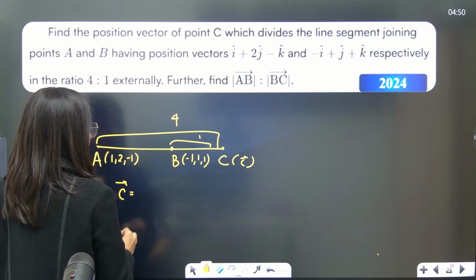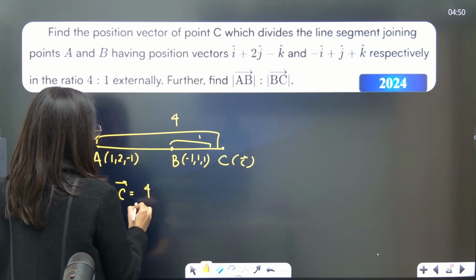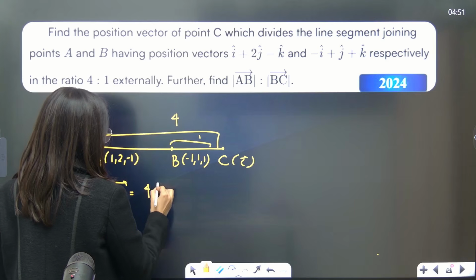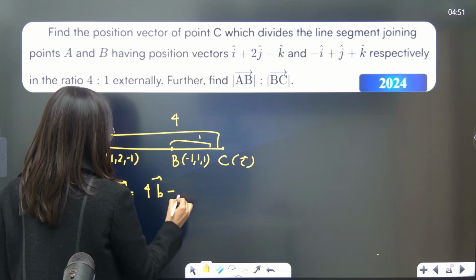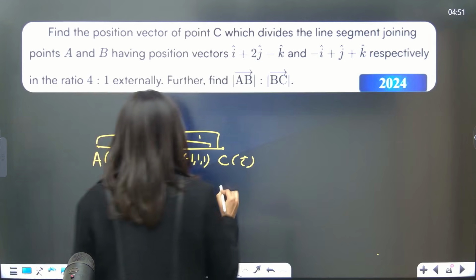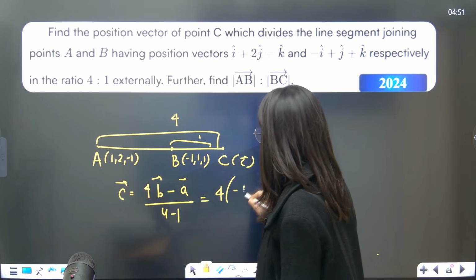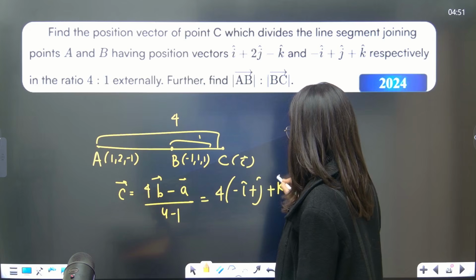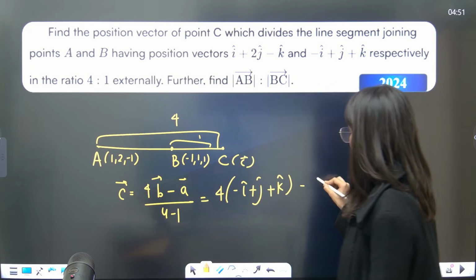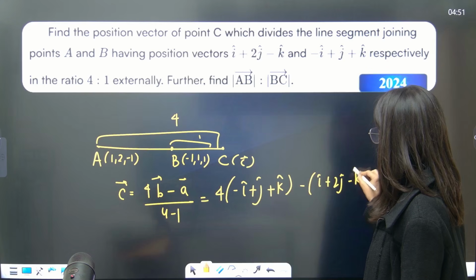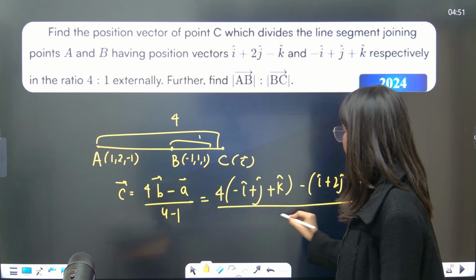C vector is going to become 4 times B vector minus A vector upon 4 minus 1. So this is 4 times B vector, minus I cap plus J cap plus K cap, minus A, so this is I cap plus 2J cap minus K cap, upon 4 minus 1 is 3.